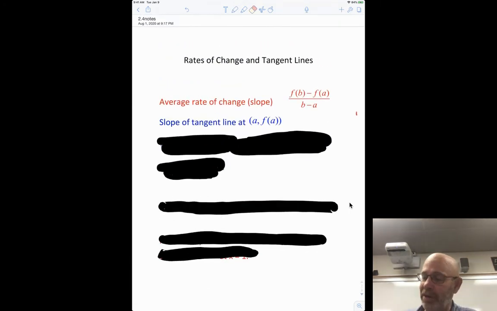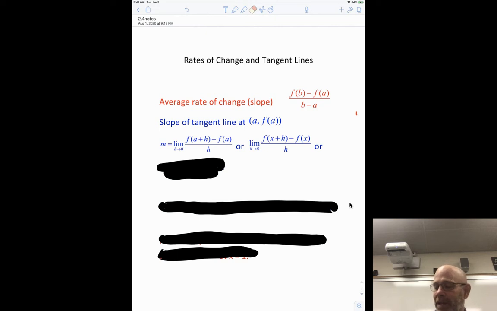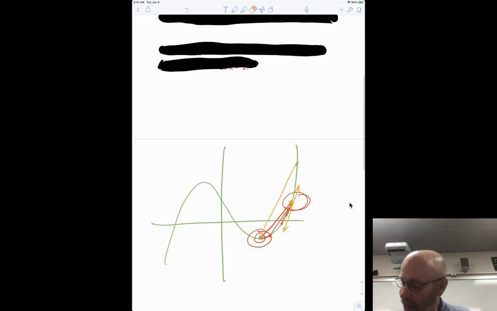So our job here is to find the slope of the tangent line at a certain point. In a classroom, I might explain this a little differently, but it's a little tricky here. I'm using a little different notation, but the idea is basically what I just showed.